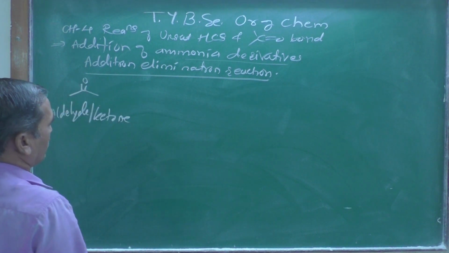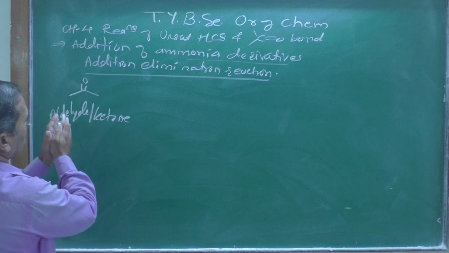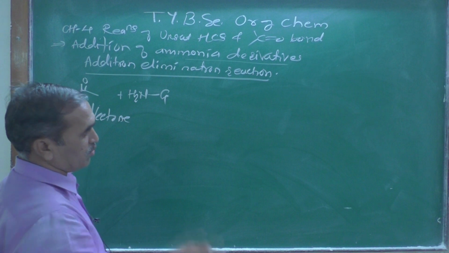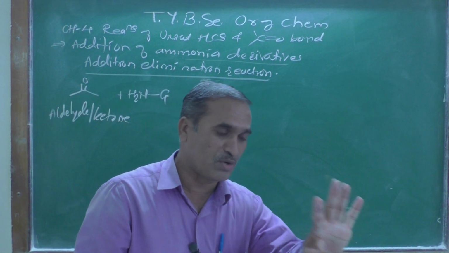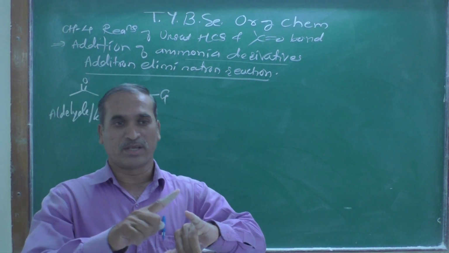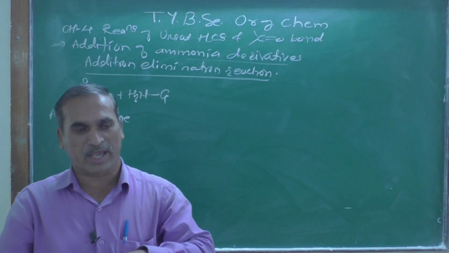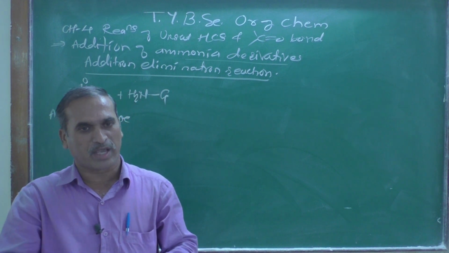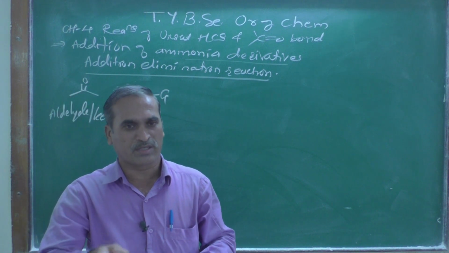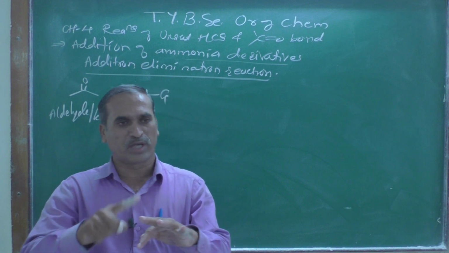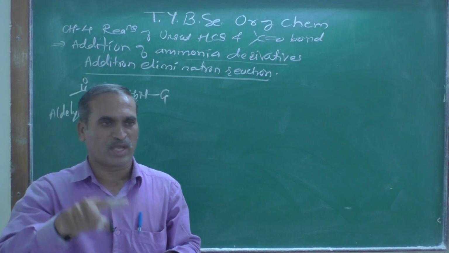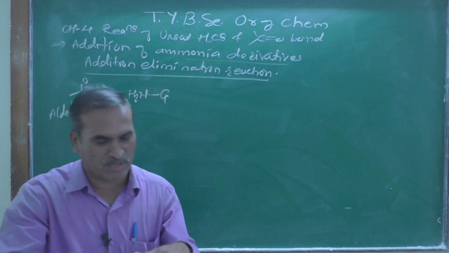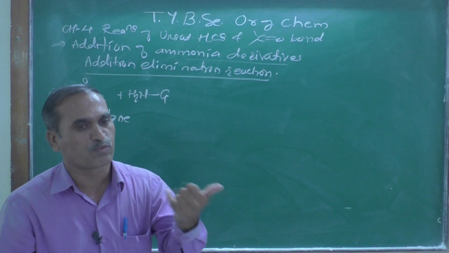This is the general reaction, treated with H2NG, where G represents the five different groups we have considered. If G is NH2, you get hydrazine. If G is OH, that is hydroxylamine. If G is NHPh, that is phenyl hydrazine. Similarly, you will get semicarbazone as well as 2,4-DNP.